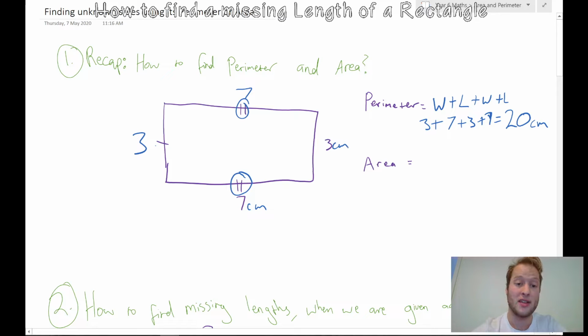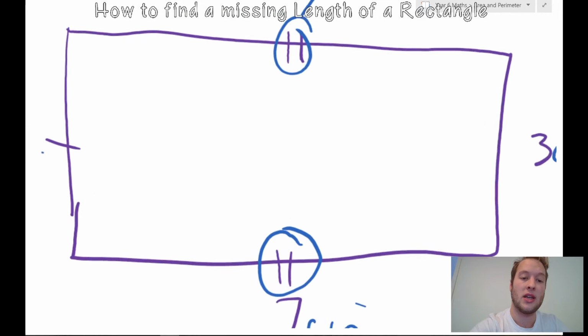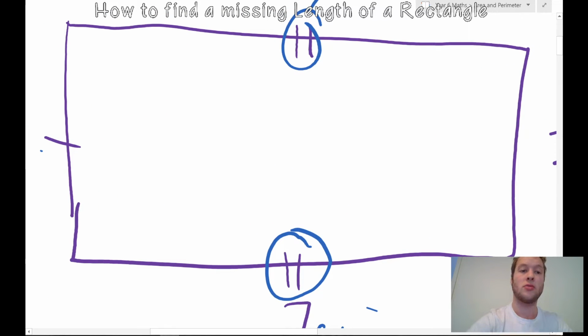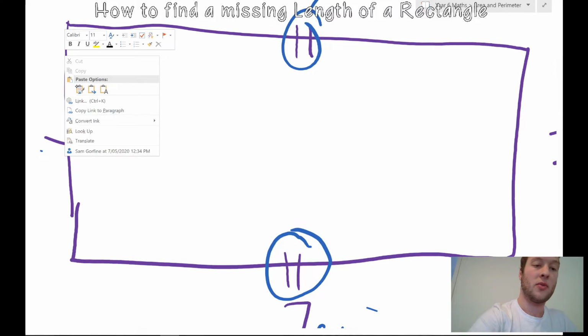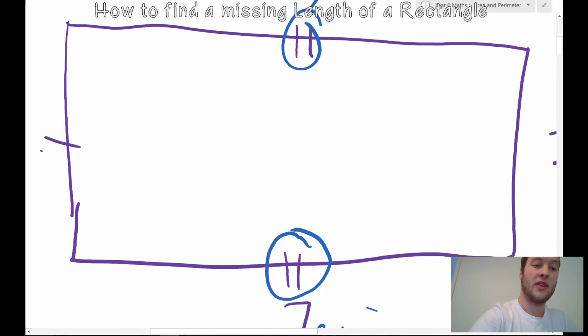Area is thinking of whatever the measurement is, in this case centimeters, but as little squares. So if I zoomed in on my rectangle and added in a 1, it's probably going to be like this big if this side right here is worth 3.